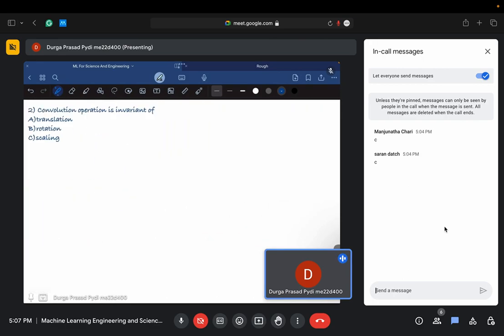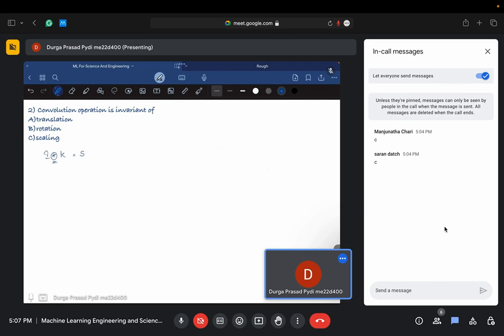This week essentially discusses the convolution operation. If you do a convolution operation, which of these following 3 transformations will that operation be invariant to? By invariant, I mean, say you have some image I, and I'm applying a convolution with a kernel k, and I get some output.